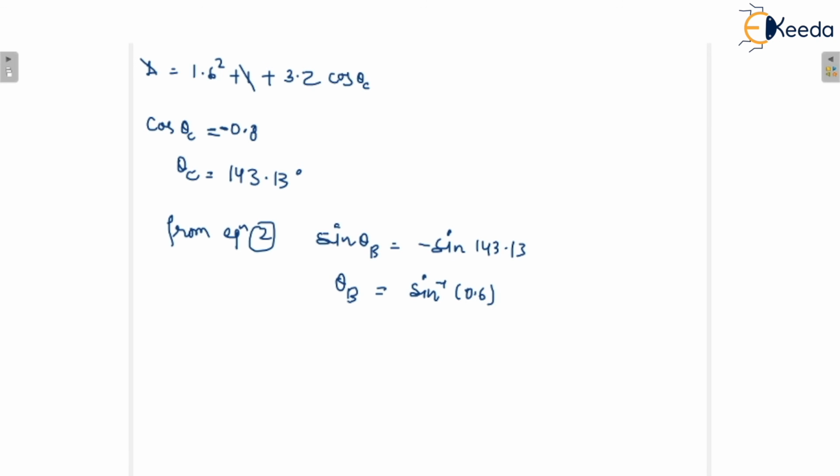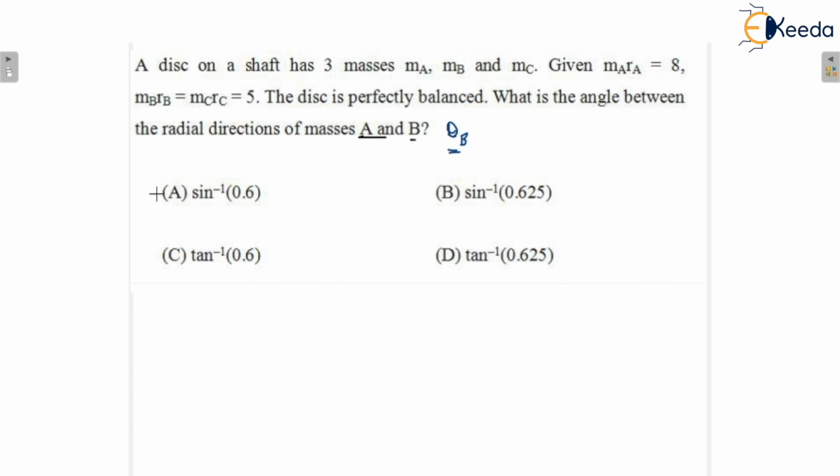Okay, you'll get it with a minus sign. However, the minus sign is not given, so you can consider that theta is equal to sin inverse 0.6, or you can write it as 2 pi minus sin inverse 0.6, because we know that sin theta is negative in the third and fourth quadrant. So this is for the fourth quadrant, so you will get the answer. Option A would be the correct answer. Okay, I hope you understand the solution of that question.